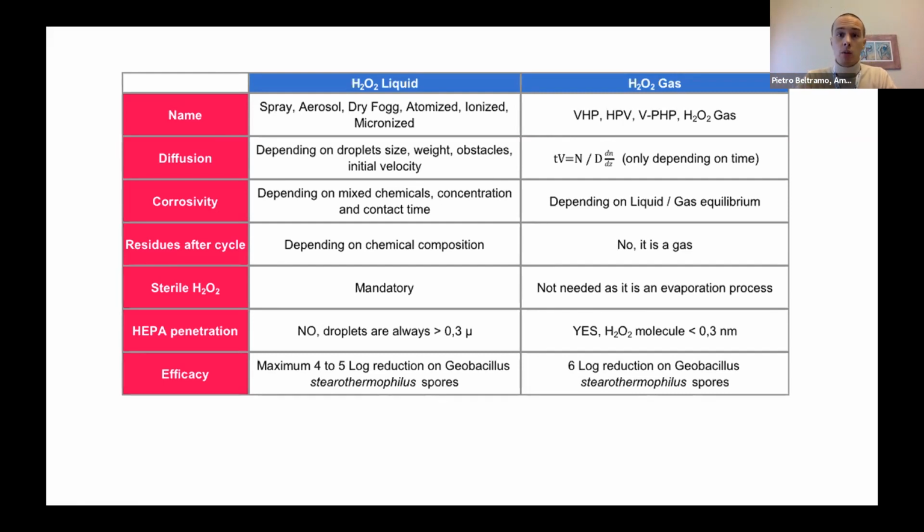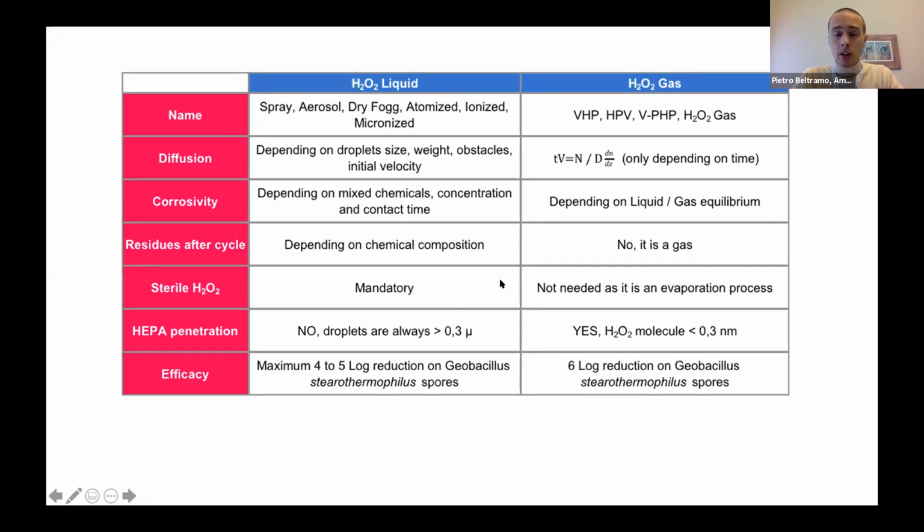If it is WFI water, pure, ultra pure, with no residues at all, there will be no residues. But if you use other compounds with the H2O2 as a stabilizer to keep it stable, then you will have maybe really small residues, but something that you will have on the surface.